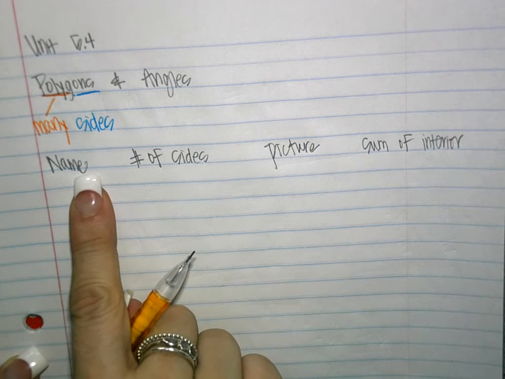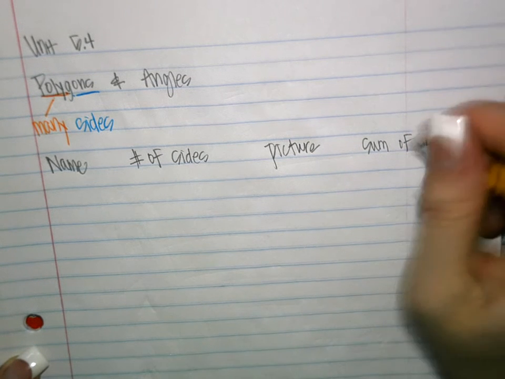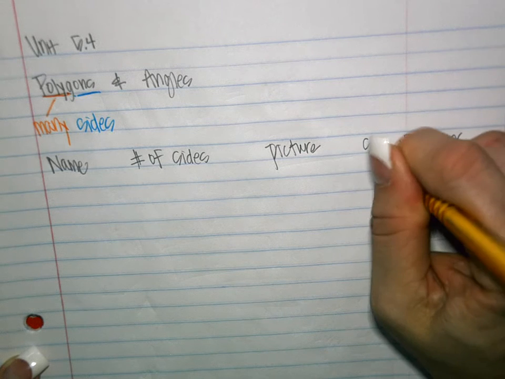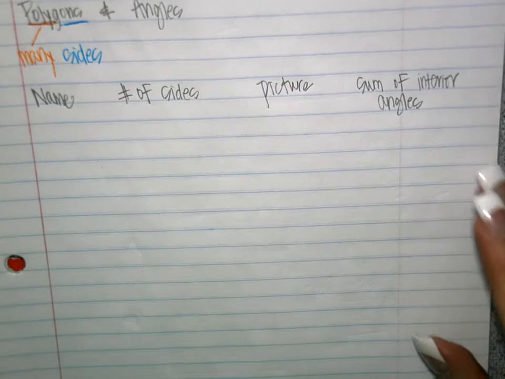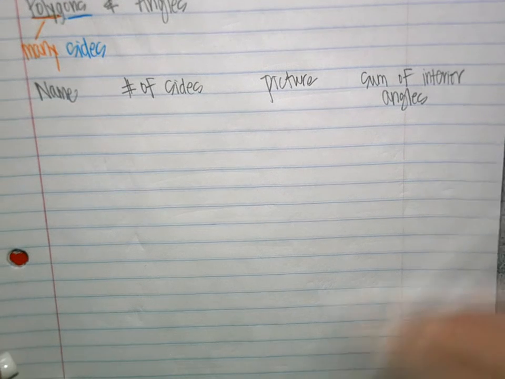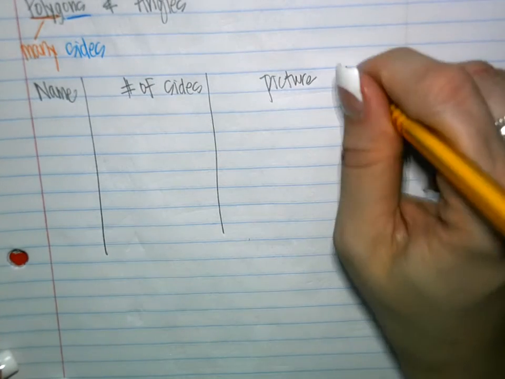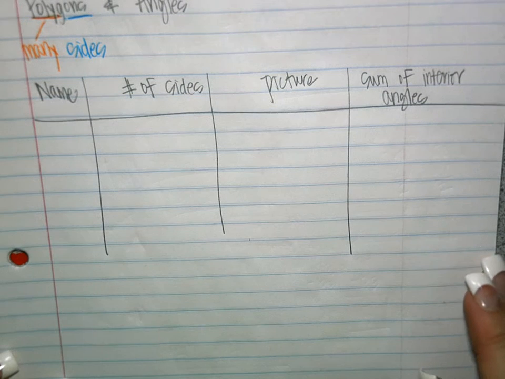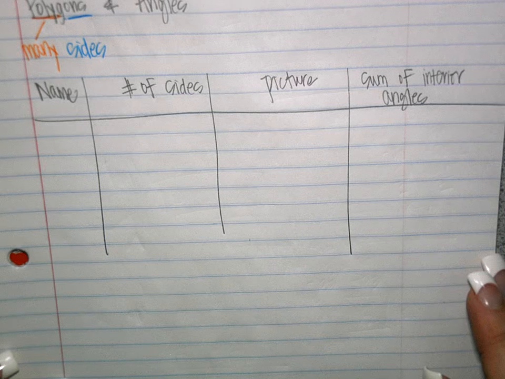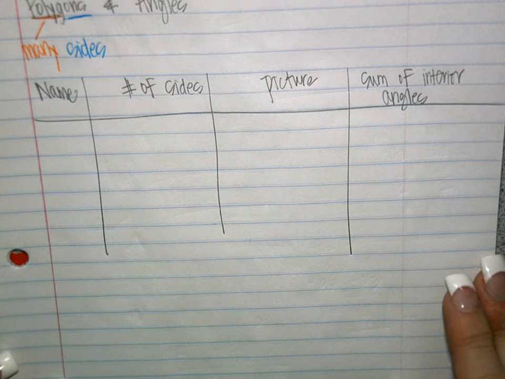So we're going to do name, the number of sides, a picture of it, and the sum of interior angles. So we're going to make a little chart. If you're close to the end of a page, you might want to go to the next page.